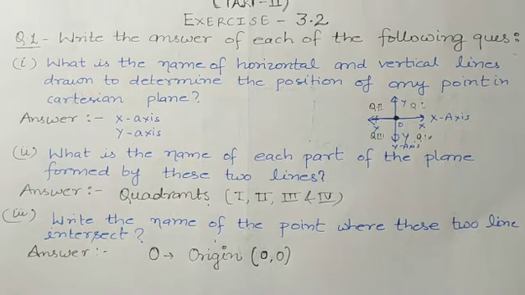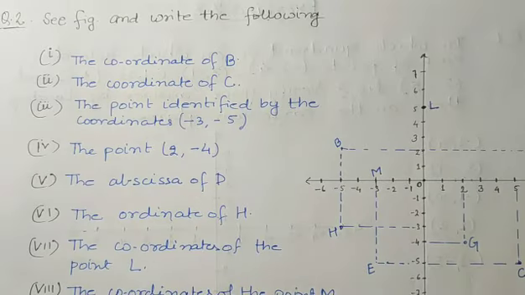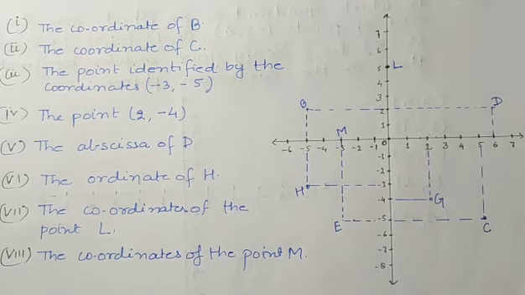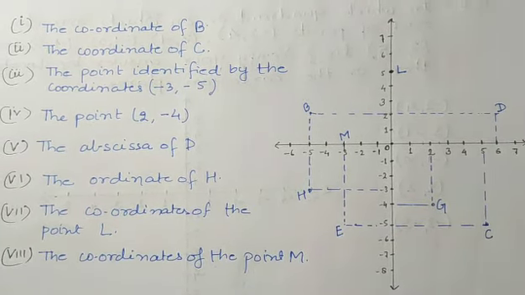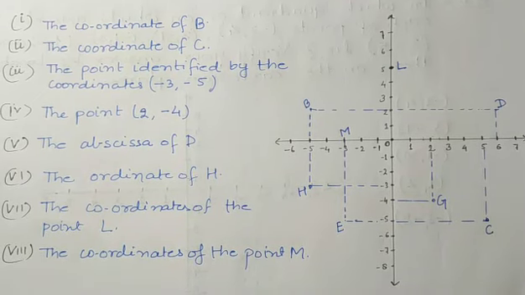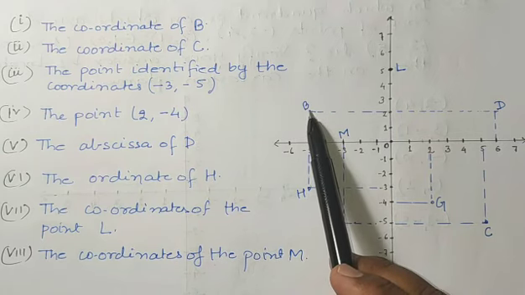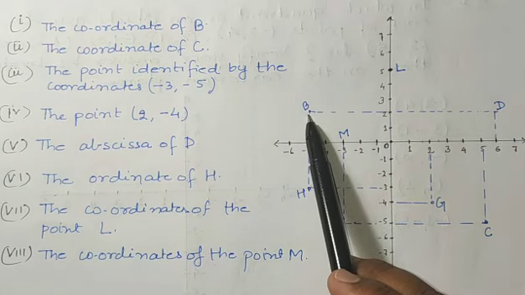Now coming to the next question. Question number 2 is, see the figure and write the following. Firstly we have to see the figure and then give the answers of the following questions. The first part of this question is, what is the coordinate of B? In the figure students, where is B? B is here. So what is the coordinate of B?